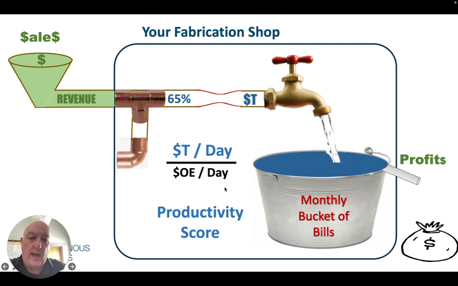And again, we need to fill the bucket to overflow to get profits in your business. A productivity score above 1 means you're producing profits. A productivity score below 1 means you didn't fill the bucket, you're not making any money, and that's not a good thing.